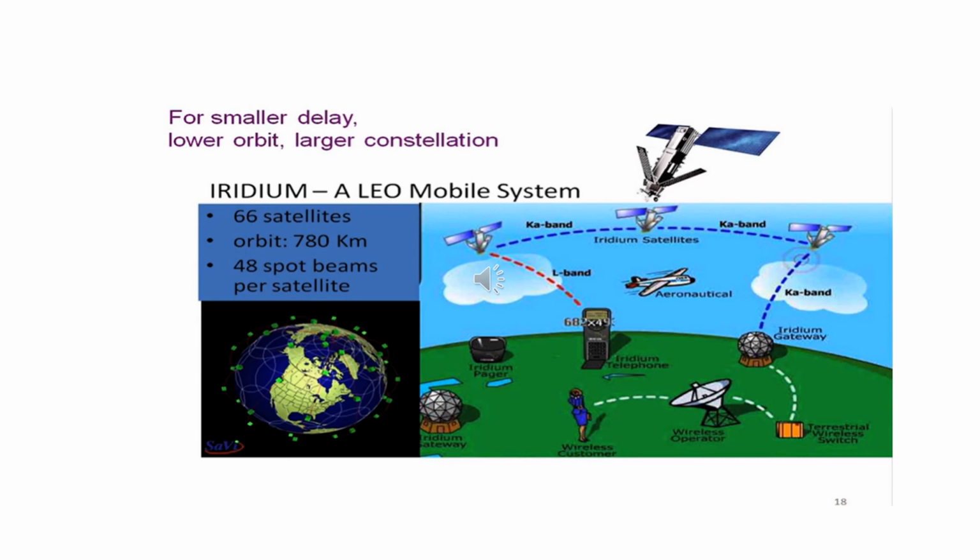It can help to receive signal for DTH and voice communication. It has 66 satellites. Orbit is 780 kilometer. It has 48 spot beams per satellite.